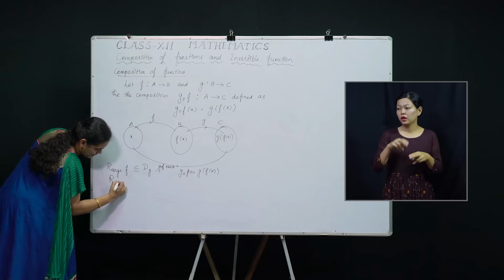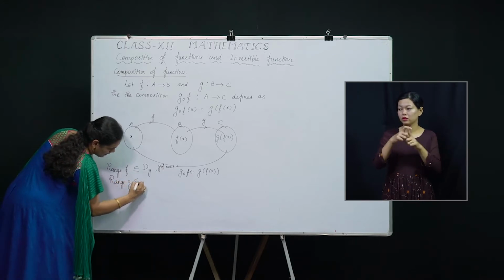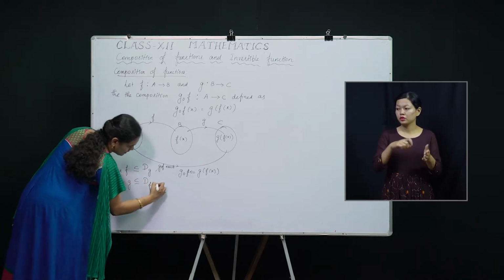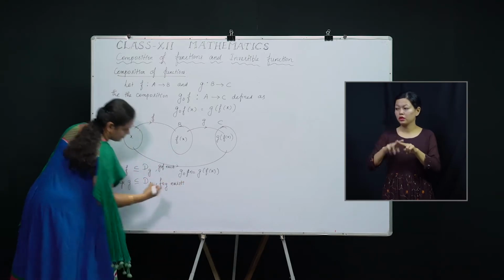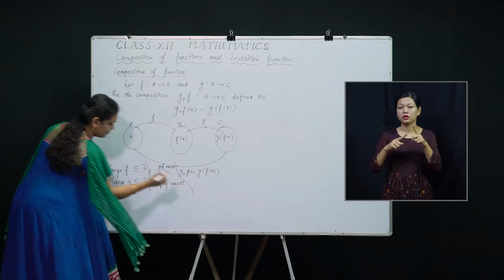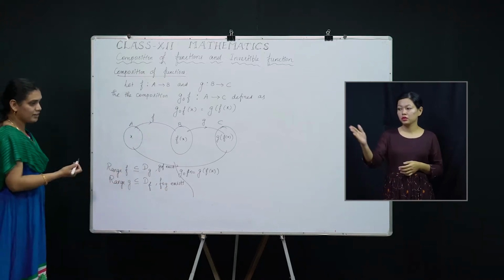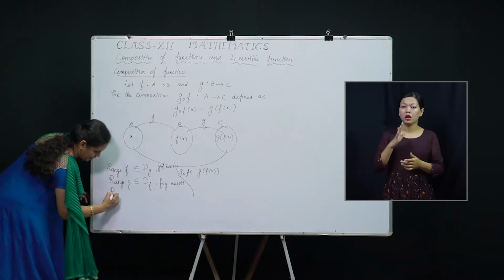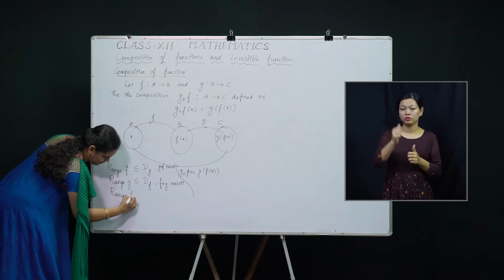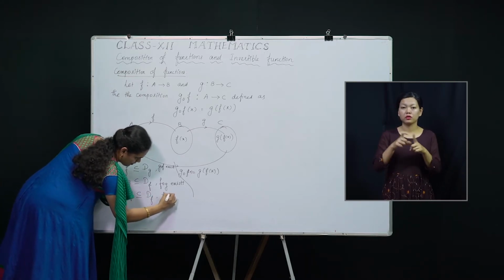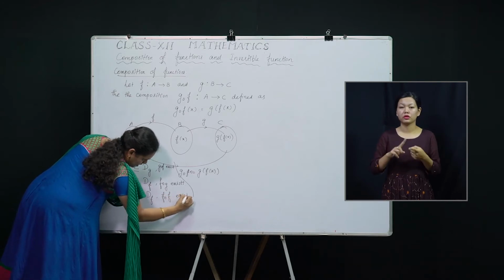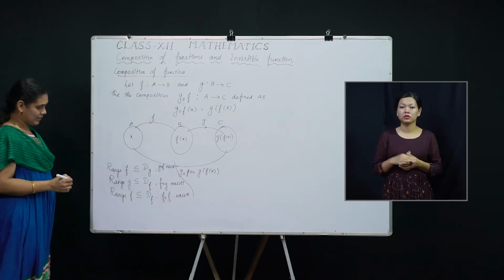Suppose if range of g is a subset of domain of f, then f o g exists. These are important conditions. It might come for MCQs also. And if range of f is a subset of domain of f, then f o f exists. Okay, we are defining on the same set.